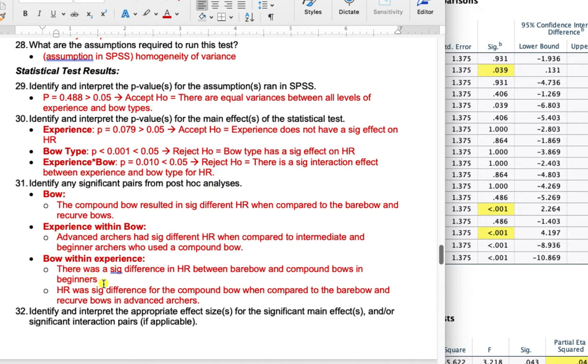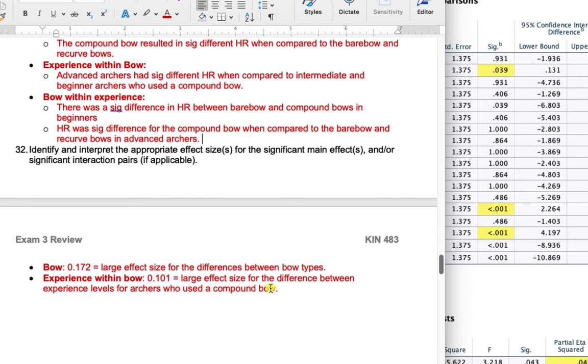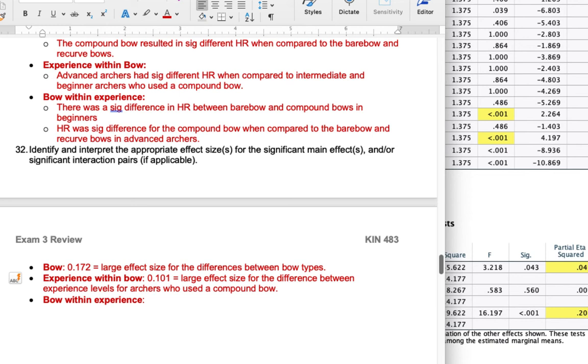And we would need to report effect sizes for the beginner group as well as the advanced group. So if we're looking at effect sizes for differences between bows within experience levels, we'll have two effect sizes to report.